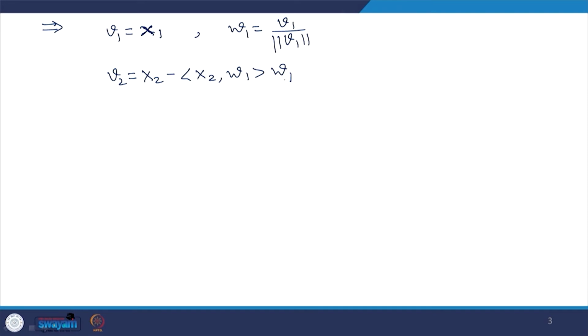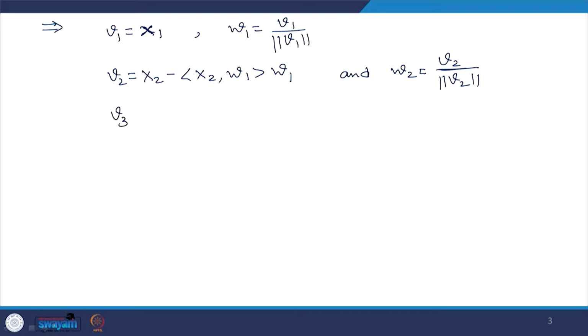So, what? The same thing, because W1 has unit length. So, I am not writing the denominator here. Same thing which we have done earlier, only in terms of unit vectors. And then you define W2 equals V2 upon norm of V2. So, W2 is again a unit vector.